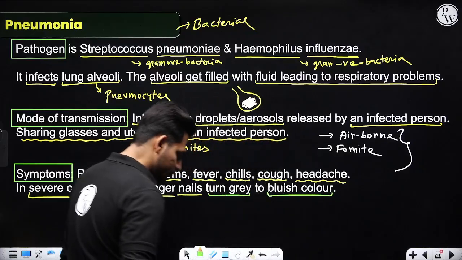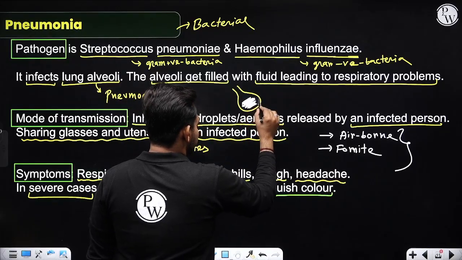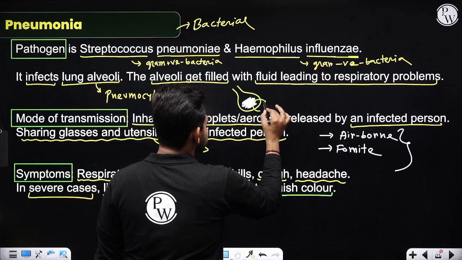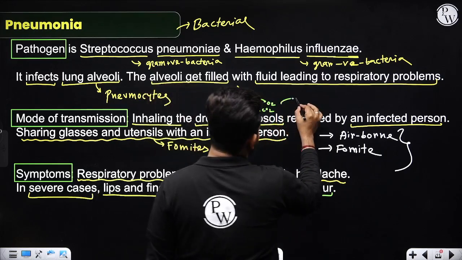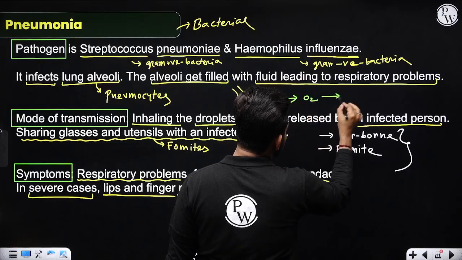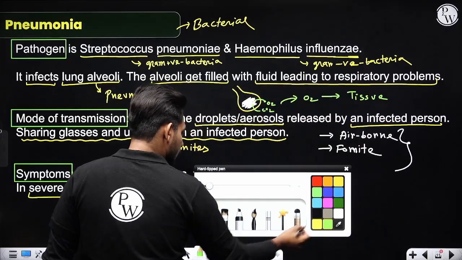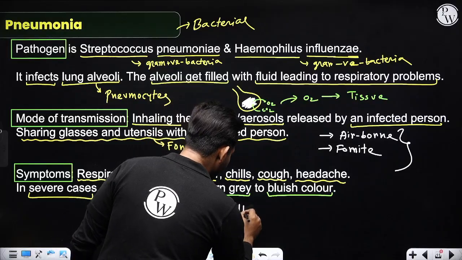Now, why is it so? Because the alveolar surface has become inefficient to exchange gases. Then they will not supply an adequate amount of oxygen to body tissue, and ultimately your tissues suffer from hypoxia.